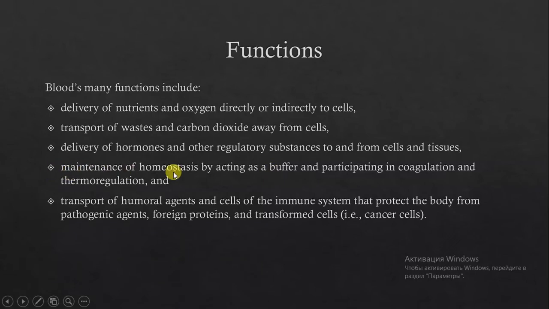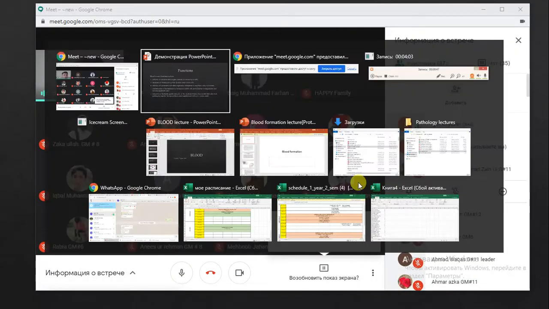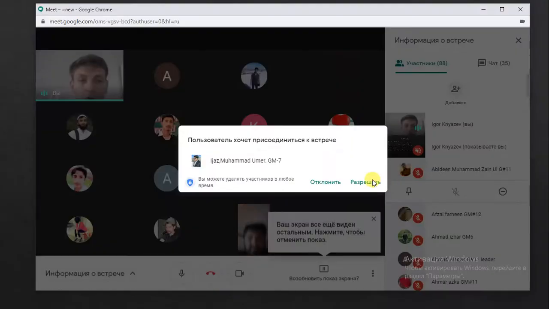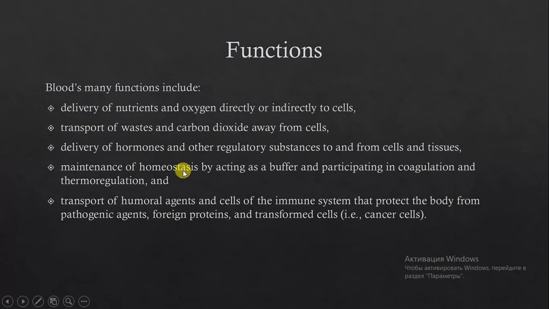Then maintenance of homeostasis by acting as a buffer and participating in coagulation and thermoregulation. What is homeostasis? You should know it from physiology. Homeostasis is a process by which we maintain the same milieu: the same amount of compounds, the same temperature, the same pH level in the body. It also happens with the help of blood. Also coagulation. Why are we talking about coagulation?